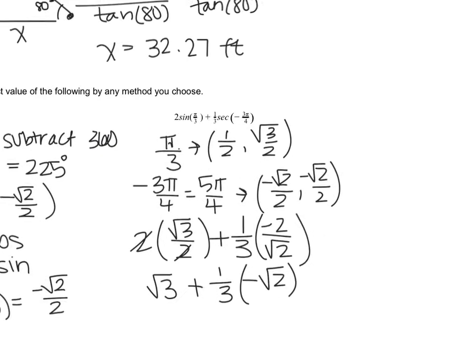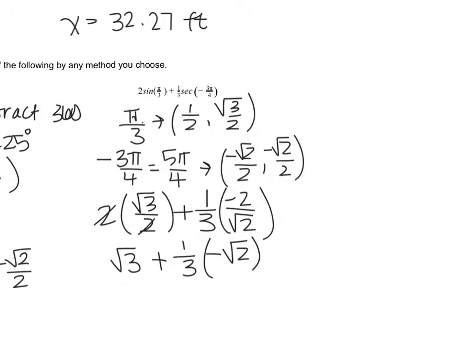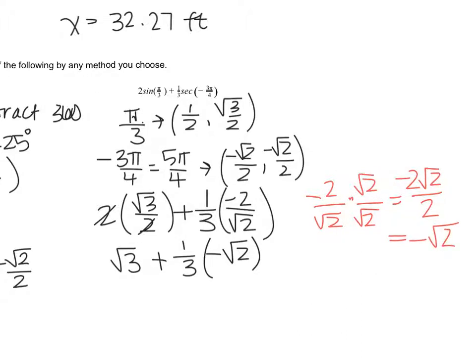So I'll show you off to the side here. If I take negative 2 over radical 2 and rationalize it by multiplying by radical 2 over radical 2, we get negative 2 radical 2 over 2. And negative 2 over 2 is just 1, so we end up with negative radical 2.